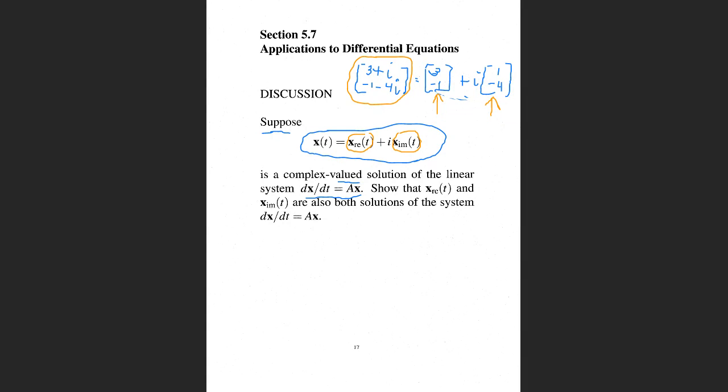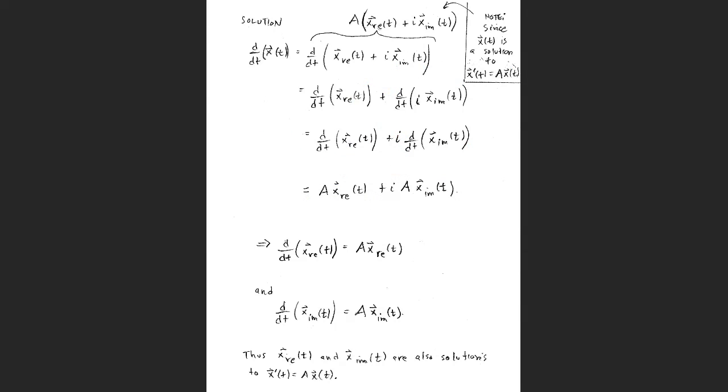I don't have t's there, but you get the general idea. You can take a complex eigenvector and re-express it this way. And the nice thing about that is it generates two more solutions to the system of differential equations, called x real and x imaginary of t. Now this is not hard to prove.